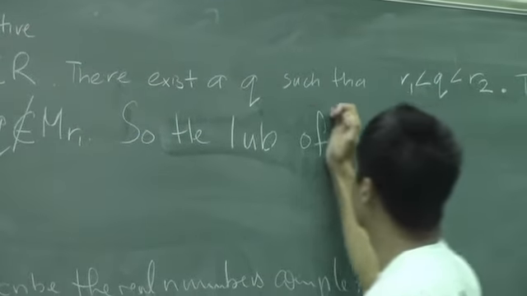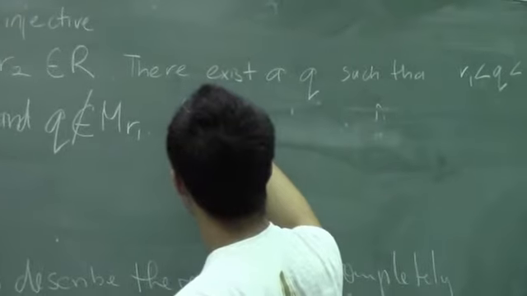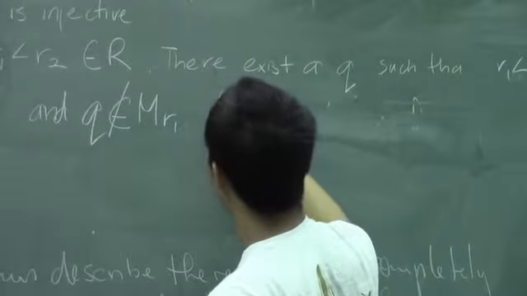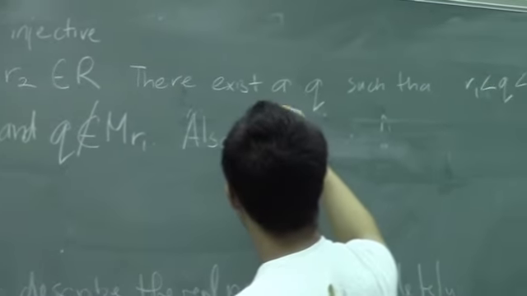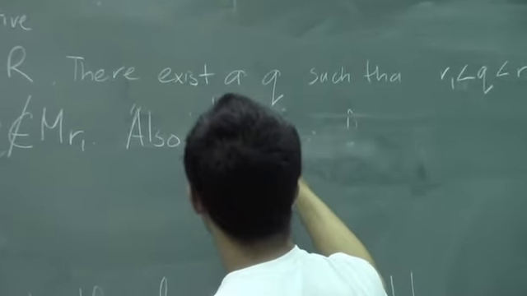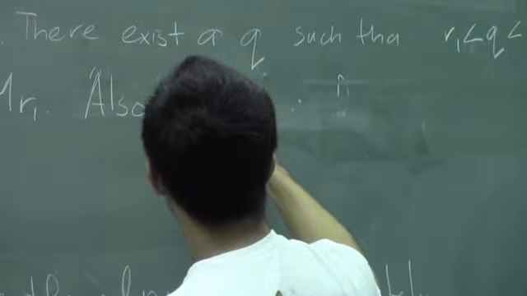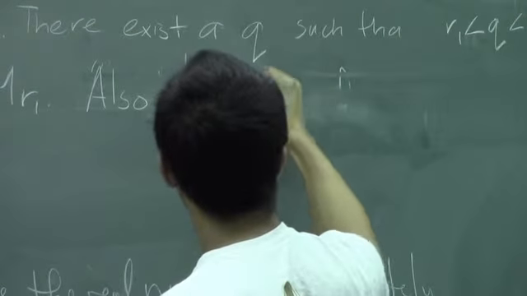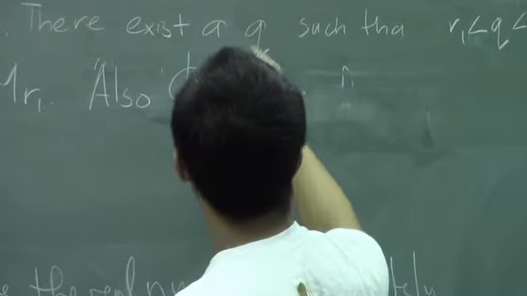Suppose phi of q, phi is a map applied to q, phi open parentheses, like a function.